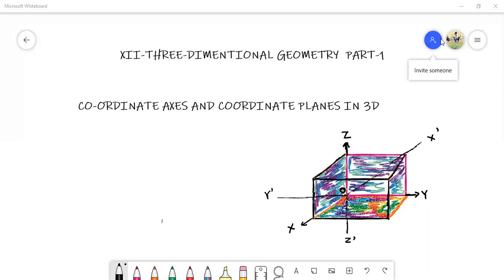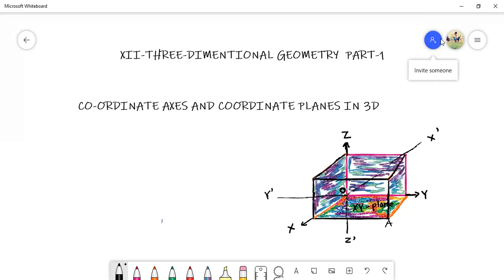Okay, so if you see this, suppose I'll take A, suppose this is A. Here some point we can take it, and this part is called the XY plane, the bottom one. Are you understanding?